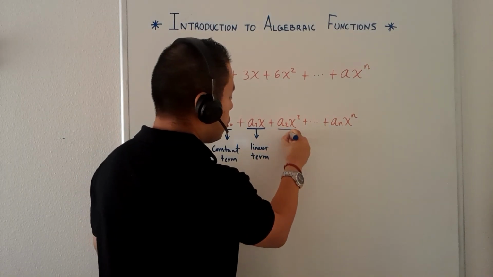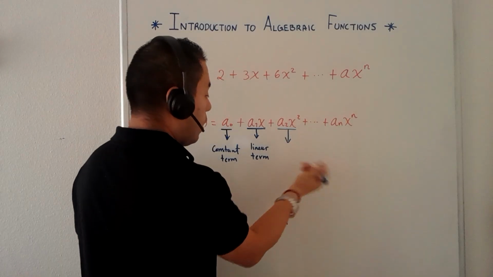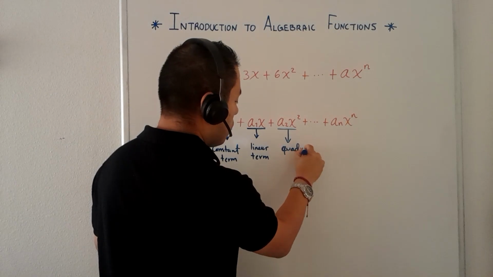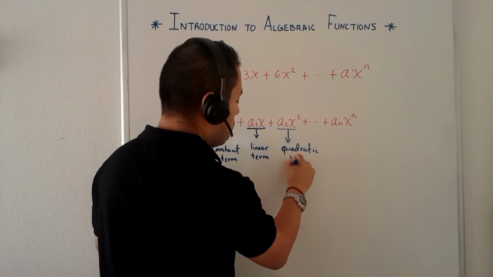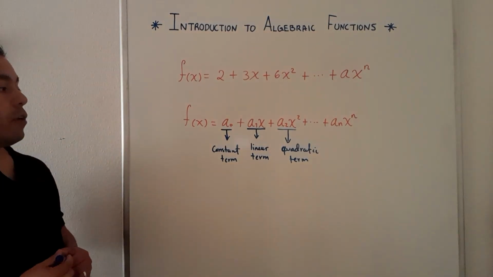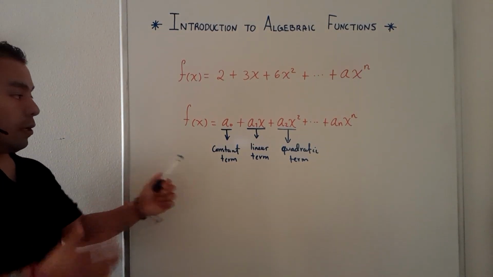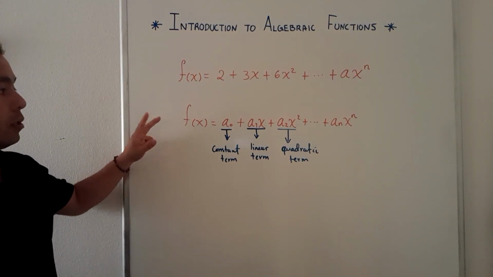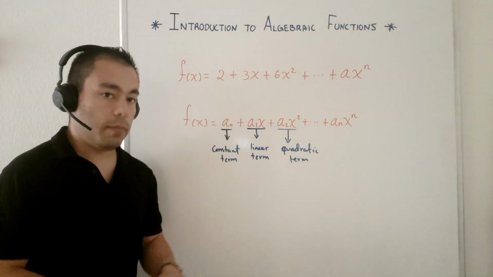We have a quadratic term because we have a square. And so on and so forth. We have different types of terms that you can see here. So the function is an expression that contains terms, and each term, this is very important here.